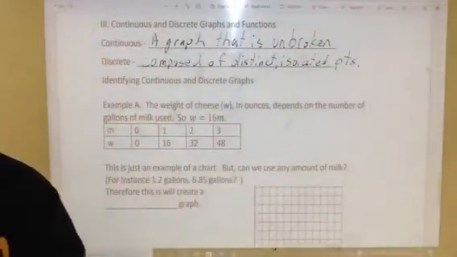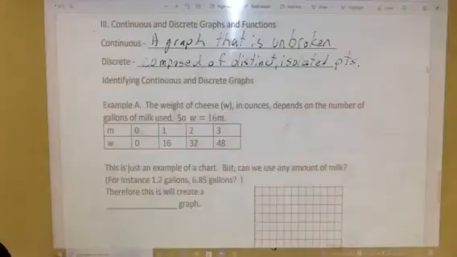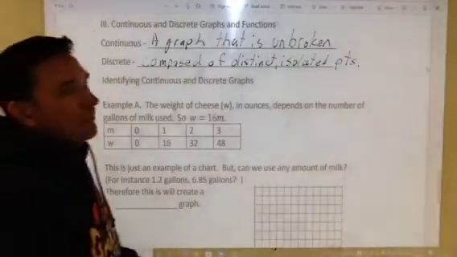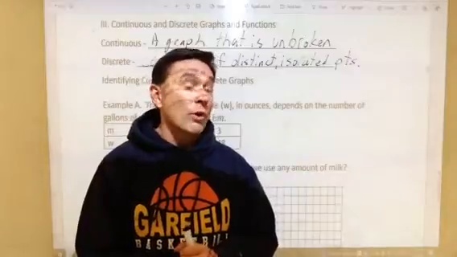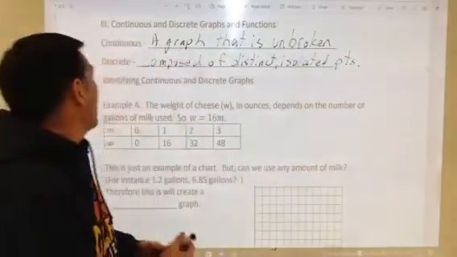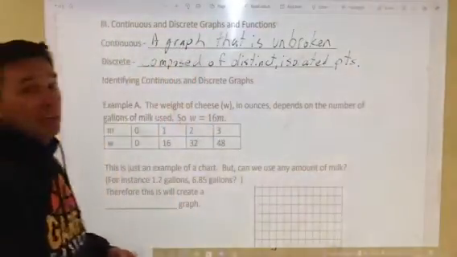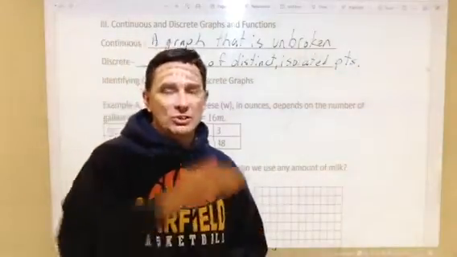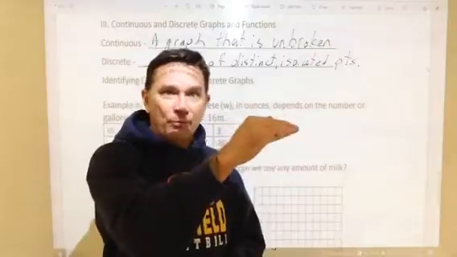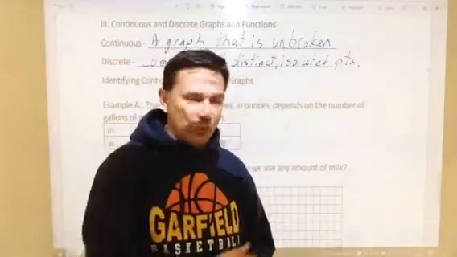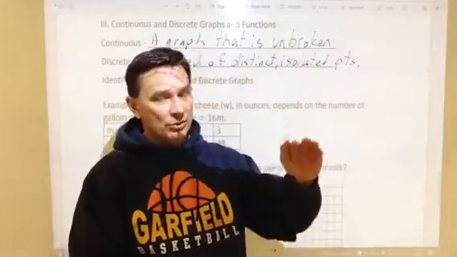So we cannot connect them with a line. A lot of times discrete functions involve whole numbers like 1, 2, 3, 4, 5. Some examples of something that's continuous is your height. You continuously grow. You don't go from like 4'8" to 4'9" and jump to 5 foot or jump to 5'2". You grow continuously.